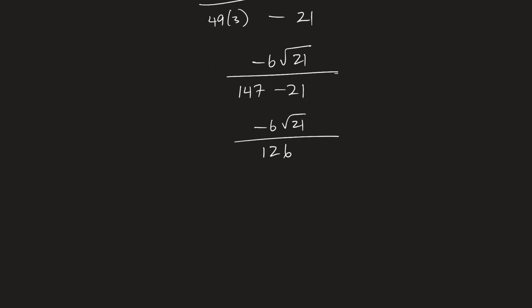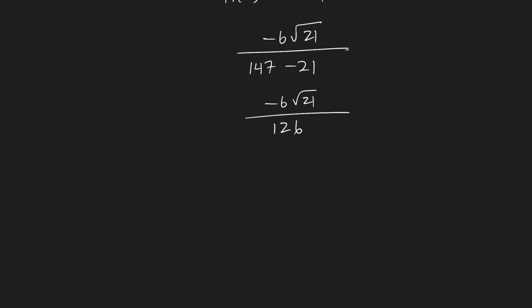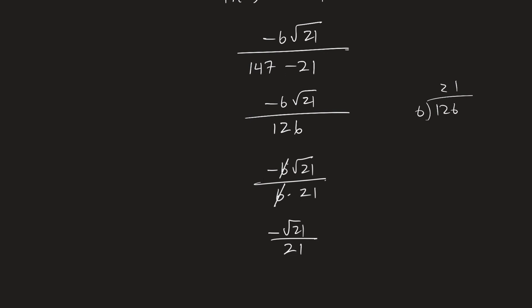And then 126, I think, has a factor of 6. So I could rewrite that as 6 times, 6 goes into that twice and 1, 21 times. So 21. And then this 6, they're both outside of the radical, so that's a factor of 1 I can eliminate. So my final answer will be minus root 21 over 21.